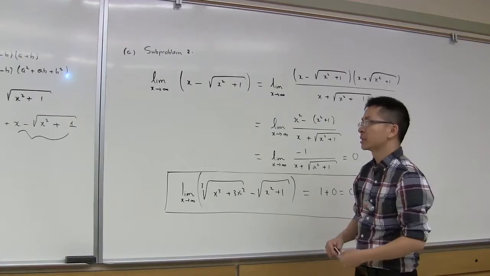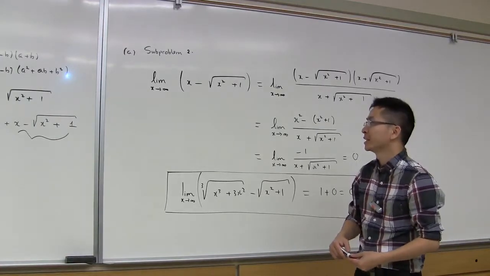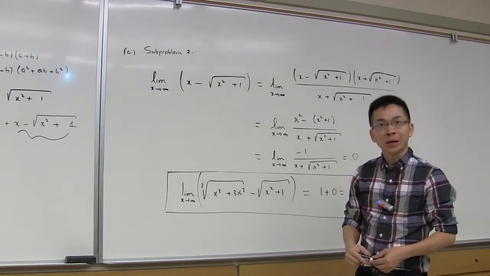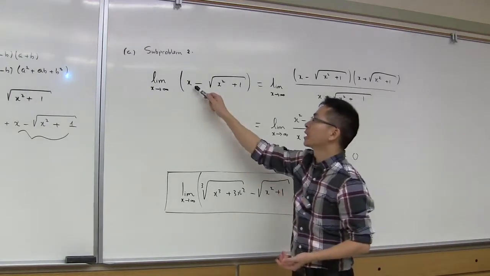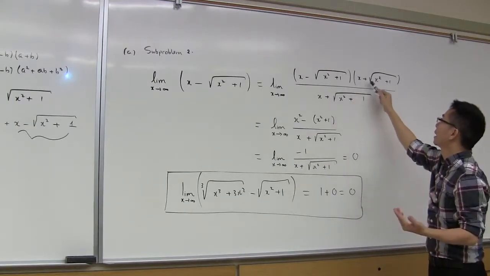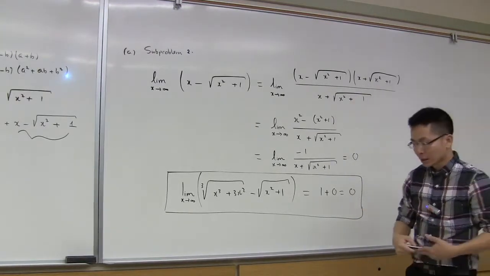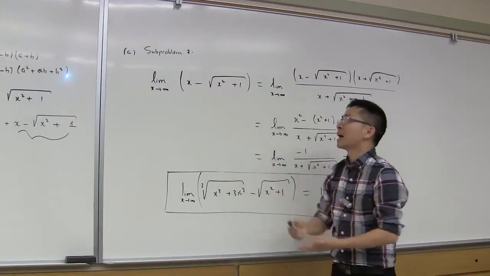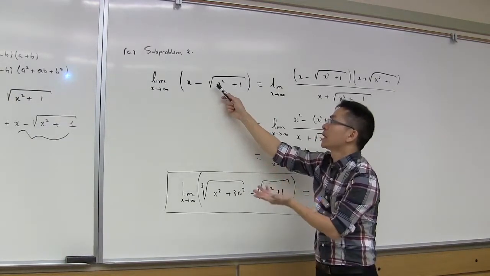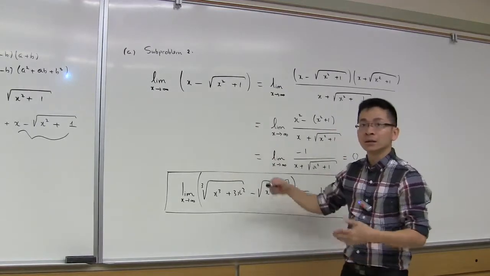We are going to compute the limit as x approaches infinity of x minus the square root of x squared plus 1. Imagine that this is a minus b. So we are going to multiply the top and bottom by a plus b, so that the form a squared minus b squared will appear in this function, so that we can eliminate the square root.